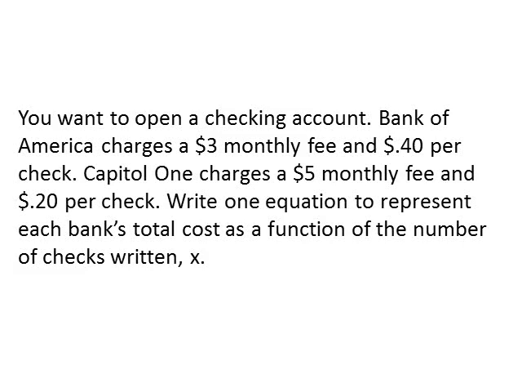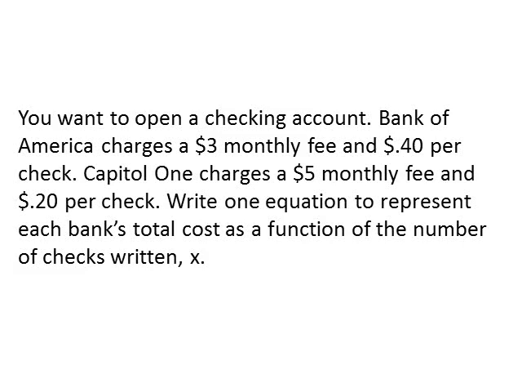So you can see that we always have Y equals, and it's going to equal the rate times X plus the initial cost. So for Bank of America, the rate is 0.4 because it's 40 cents a check, X, and the initial cost, that is the cost if I didn't write any checks, would be 3.